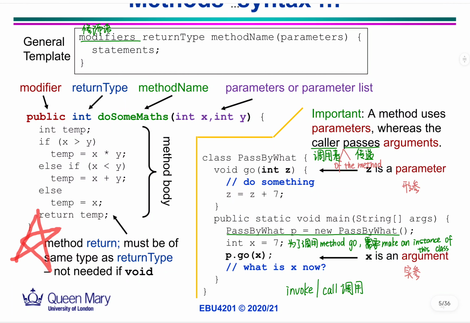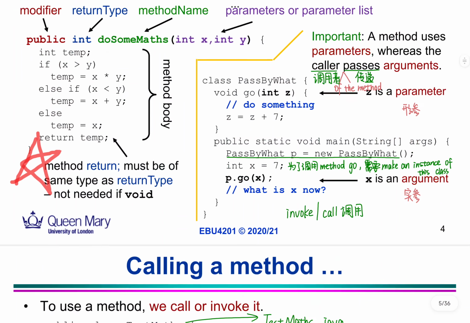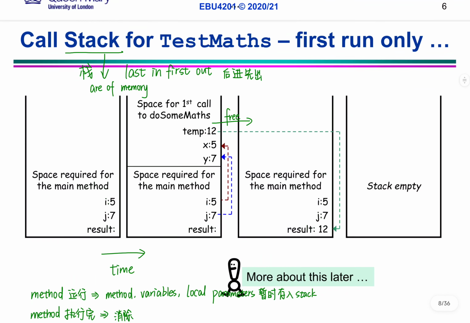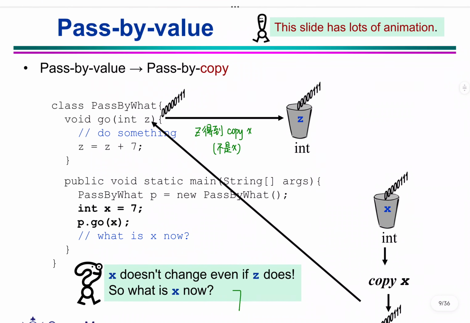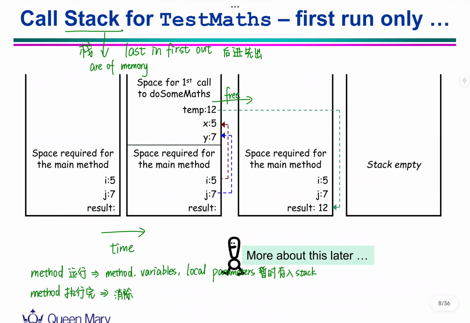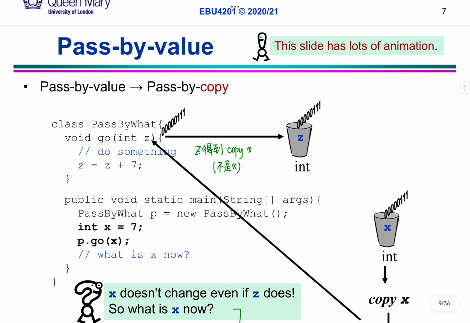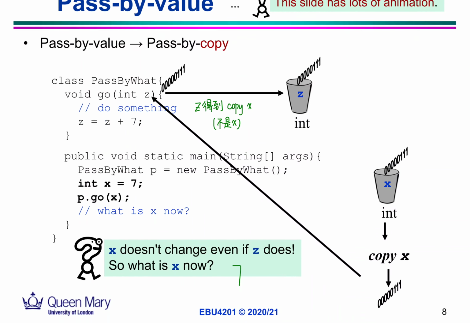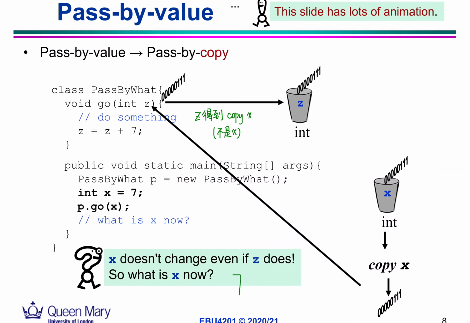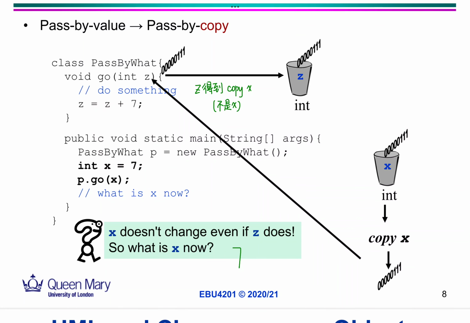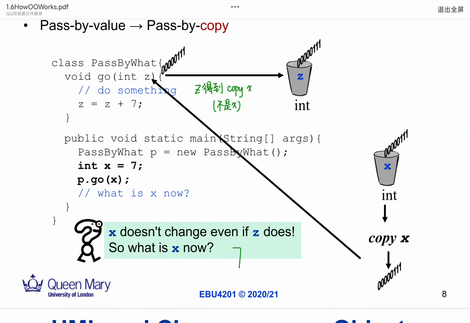Parameters means a method uses parameters, and the caller passes arguments. So the copy is pass by value or pass by copy. Pass by value means we pass the value, so the original will not change.